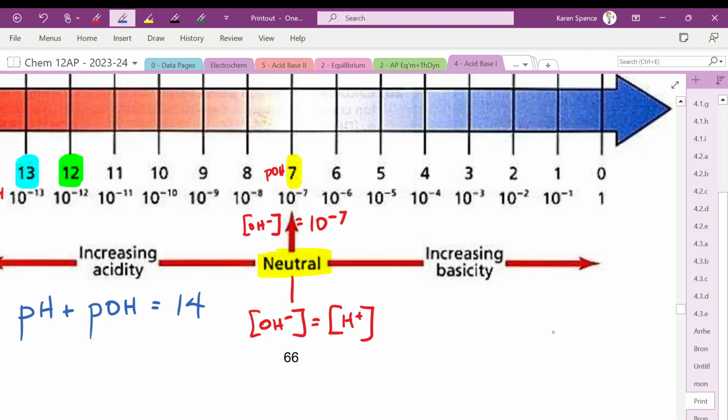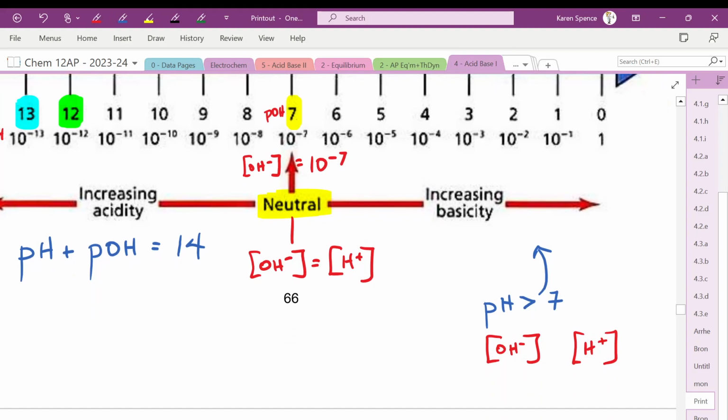Over on this side, on the basic side, if pH is greater than 7, what can you say about the concentration of hydroxide and the concentration of hydrogen? Which one is bigger?